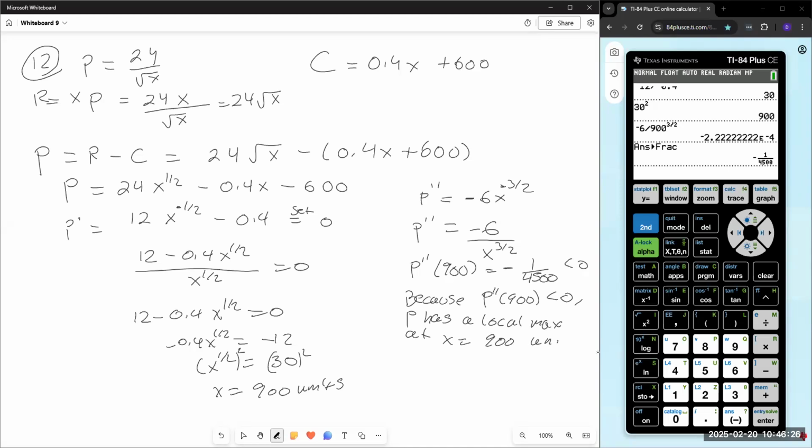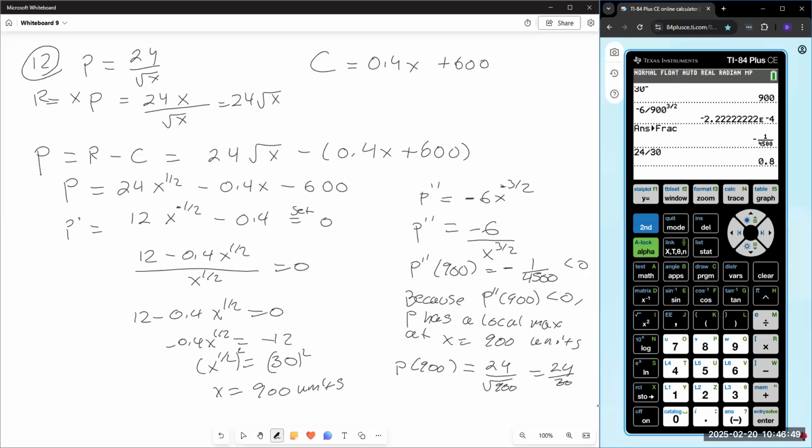I'm interested in little p, the price of 900 units, which is equal to 24 over the square root of 900, which is 24 over 30. 24 over 30 is going to be 80 cents.